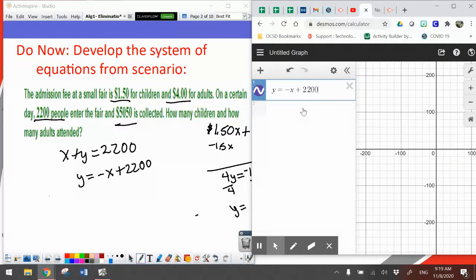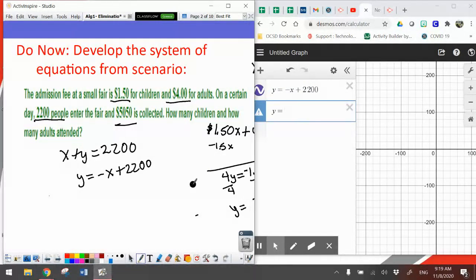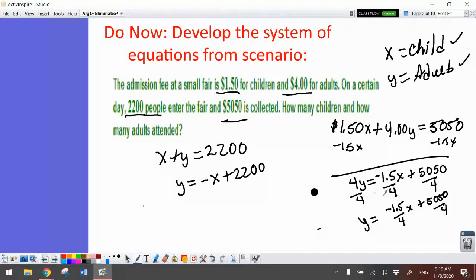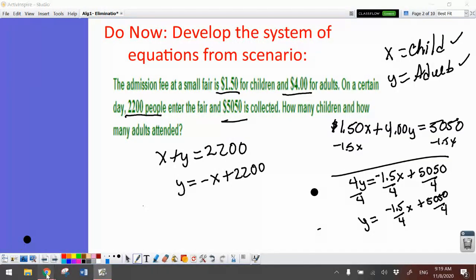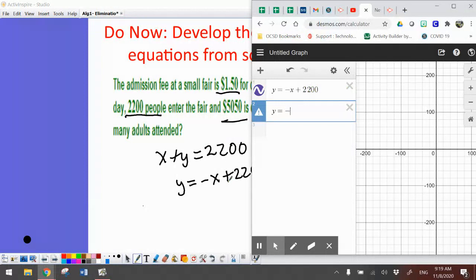And the second equation is y equals, and I better look at that again since my screen is a little bit bigger. I've got negative 1.5 divided by 4, there's my x. And I had plus the 550 divided by 4. So I'm going to leave that just like that.